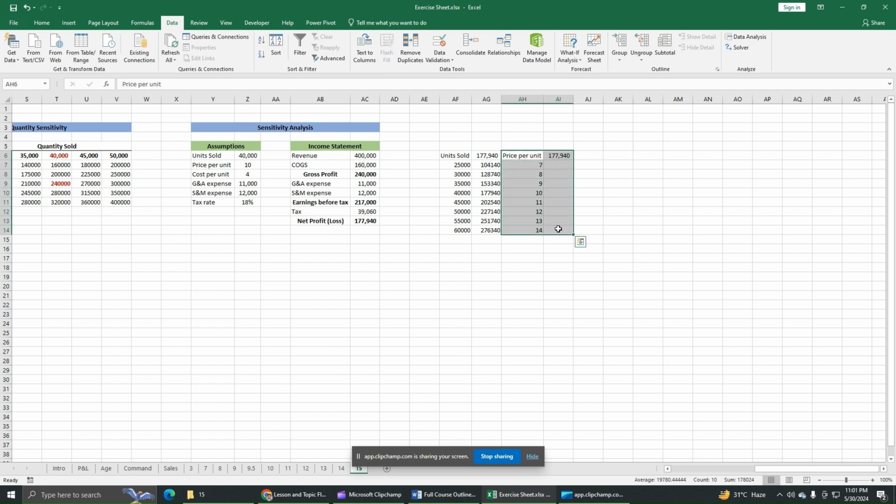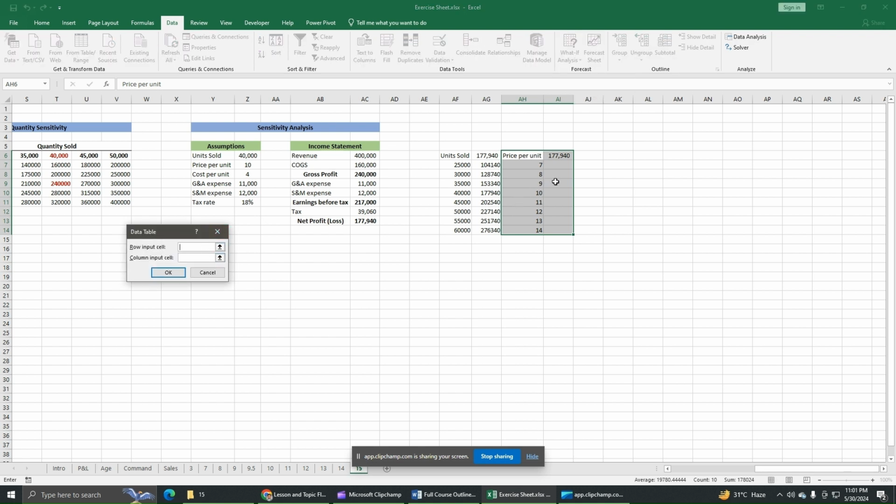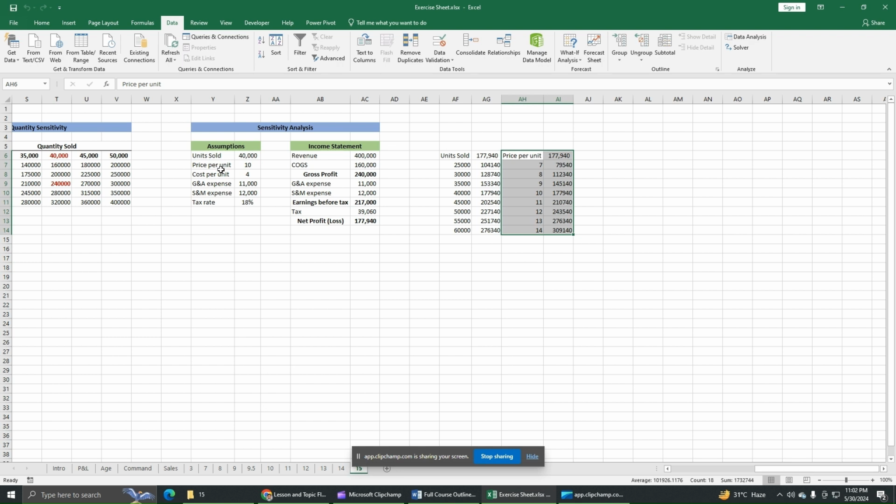I'm selecting the whole data range, going to the data menu, what if analysis, data table. Now my input data is price per unit, and it is arranged column wise, so I'm selecting column input. And where is the original price per unit? Here. Okay, you can see when our price per unit was 10, the net profit was 177,940, the same as when the units sold was 40,000 and the price per unit was 10.